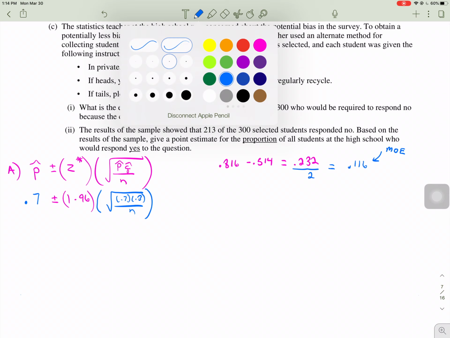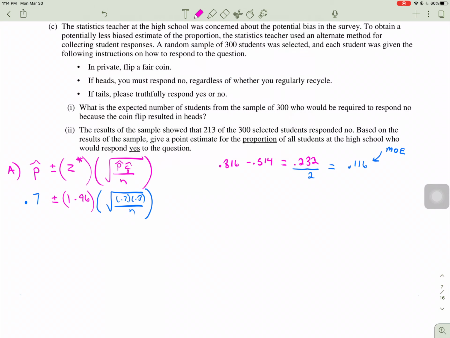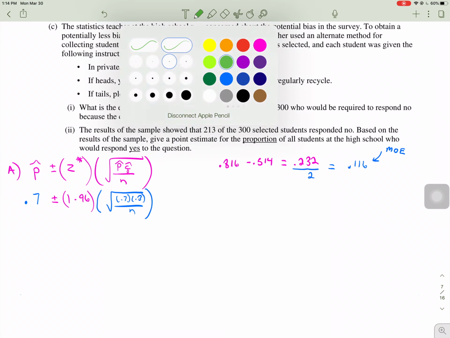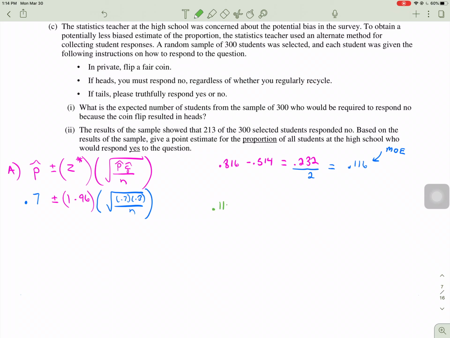So I'm going to set my margin of error, let's pick a different color here, 0.116 equals 1.96 times the square root of 0.7 times 0.3 over n. And we're going to do some algebra here to solve for n, right? What can we do? Well, we can divide this side by 1.96.